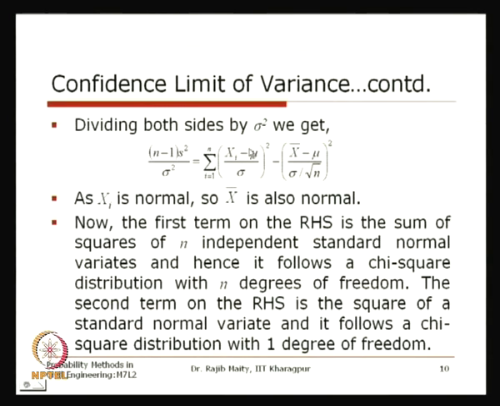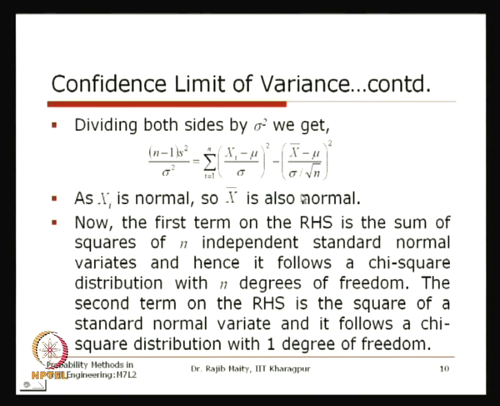We have seen in the earlier module on functions of random variables that the sum of squares of n standard normal variates is a chi-square distribution with n degrees of freedom. And the second term is also the square of a standard normal variate, and it follows a chi-square distribution with 1 degree of freedom.